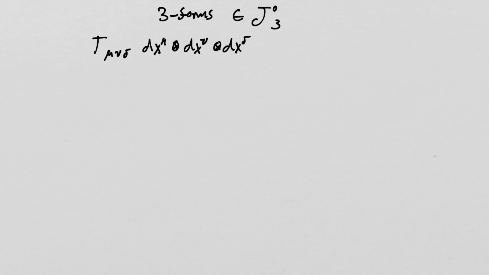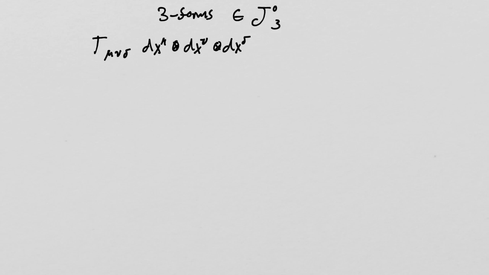Why not, right? So a three form is definitely going to be an element of a 0-3 tensor product space. And the arbitrary element of a 0-3 tensor product space looks like this: dx mu tensor product dx nu tensor product dx delta.